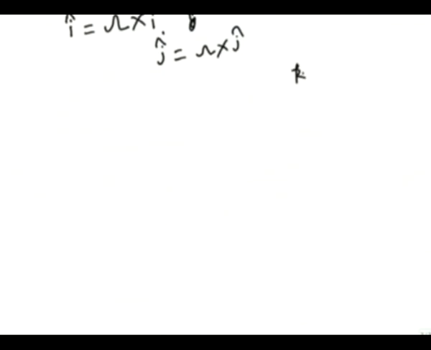Similarly, k dot is equal to omega cross k. Here dot indicates the time derivative.